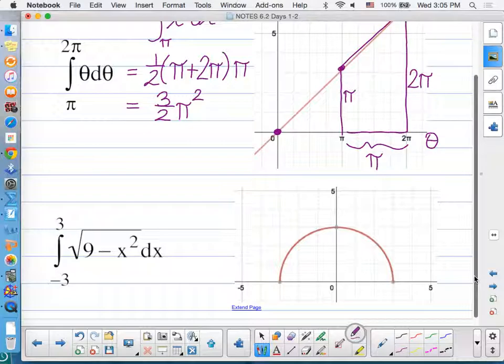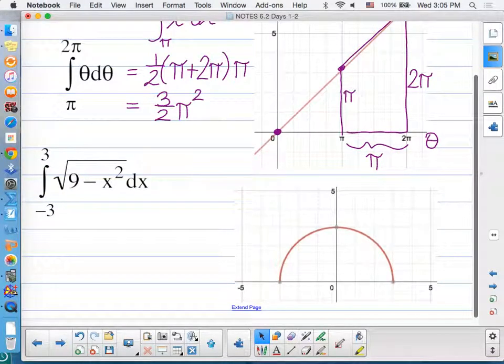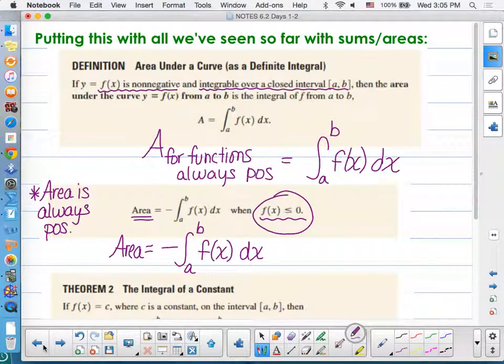This one's a semicircle, but again, all my area is above the x-axis, therefore my area under the curve does match the value for my integral. So I'm going to use that in order to evaluate this area. This area is asking from -3 to +3 on this semicircle, square root of 9 minus x squared with respect to x. What is that integral value? Again, because it's a positive function, we've got that rule, and I keep flipping back just so you see them.